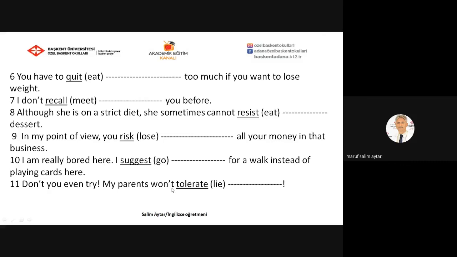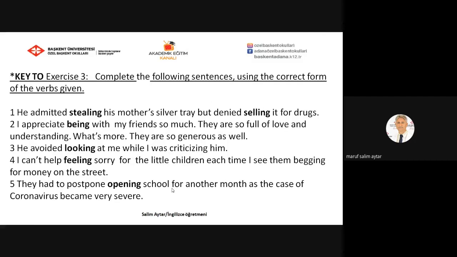Now let's have a look at the key given here. The first one says he admitted stealing his mother's silver tray but denied selling it for drugs. I appreciate being with my friends so much because they are so full of love and understanding.